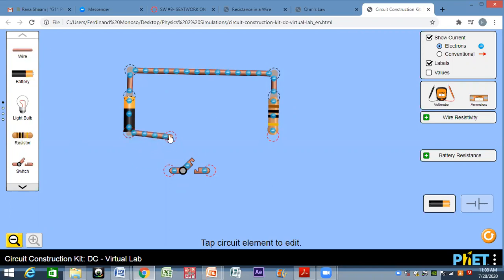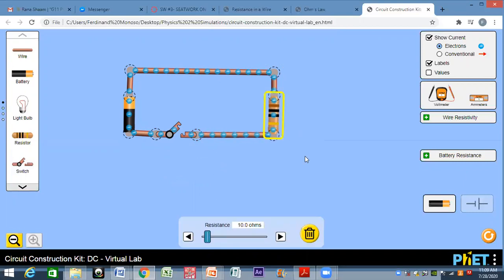Let's add another one, but we have to include our switch. So we connect our switch to our wire, and there's a switch there, and this time we have our completed circuit.